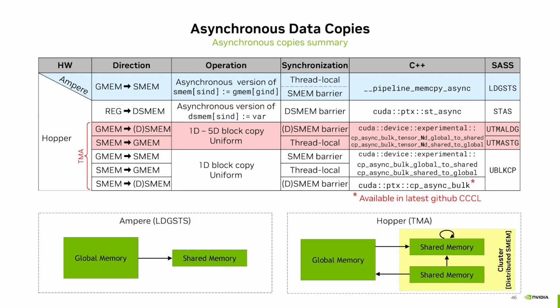So the synchronization column here lists how the asynchronous copies can be synchronized. Then some examples of C++ code to invoke those operations, and finally SASS operations that these copies get mapped into. Hopper introduced a bunch of other copies, and now I'm going to talk about each of these operations separately.